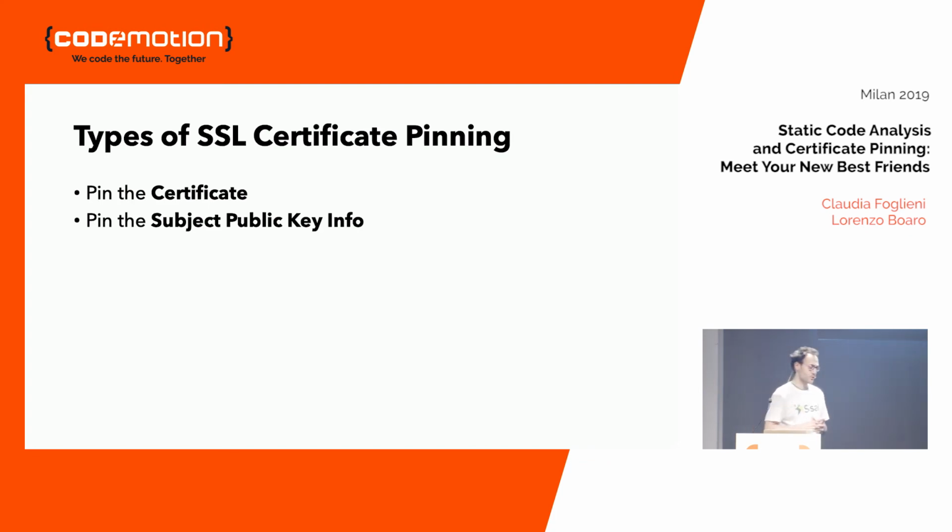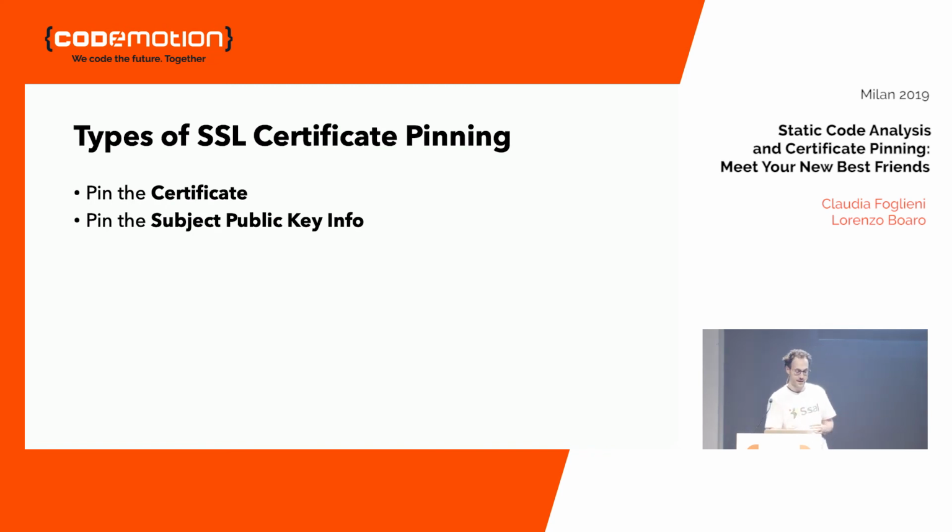What are the two main types of certificate pinning? We can have the pinning of the certificate, but also the pinning of the subject public key info. In the first case, we have the certificate from the server, and then we embed it into our iOS and Android application. In the second case, instead, we create a hash of the subject public key info.